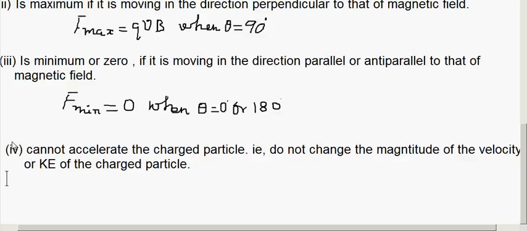Okay. Now the direction of the force depends upon whether it is a positive charge or a negative charge. Anyway, it is perpendicular; when we stretch our hand, we have seen what is the direction of the force.